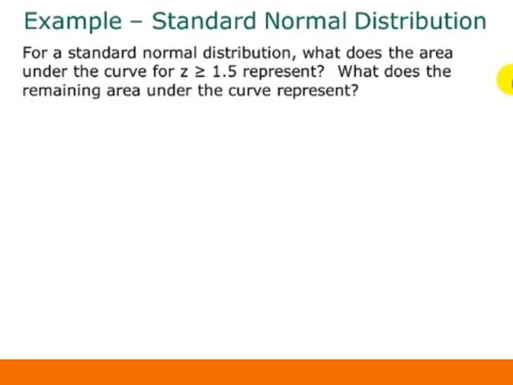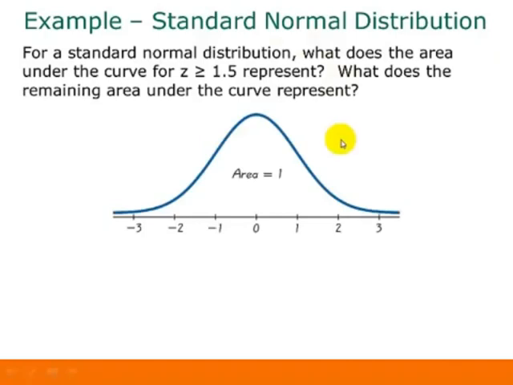For a standard normal distribution, what does the area under the curve for z greater than or equal to 1.5 represent? What does the remaining area under the curve represent? Here's our picture again. If we put in the value of 1.5, and since we're talking about the area under the curve for z greater than or equal to 1.5, we're going to shade from here over to the right.